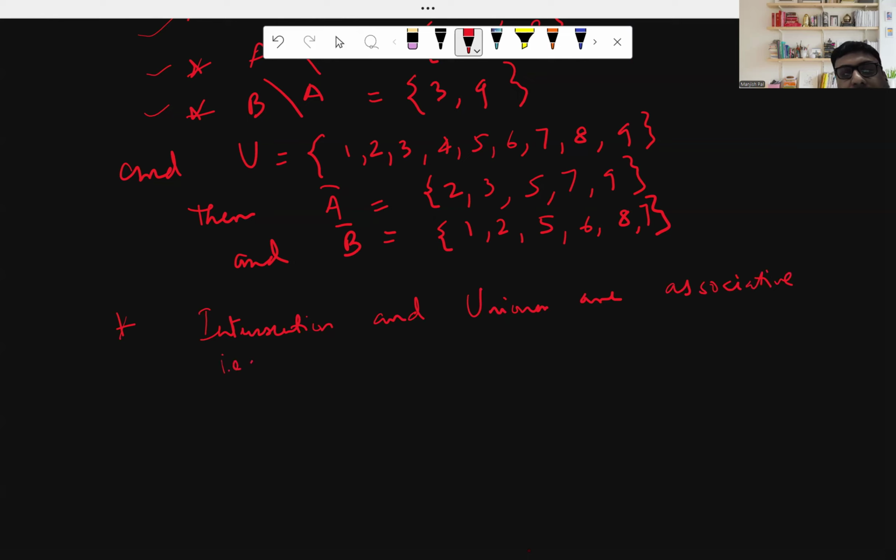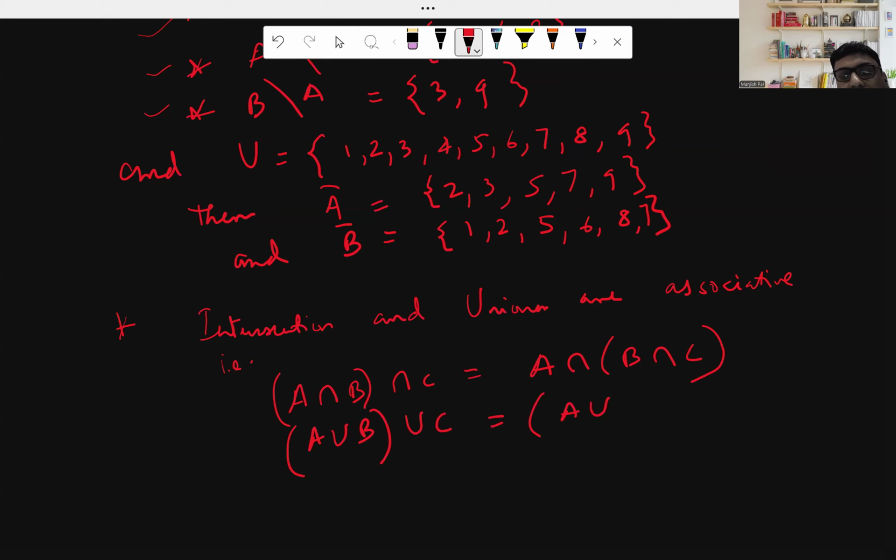That is, A intersection B intersection C is the same as A intersection B intersection C, and A union B union C is equal to A union B union C.